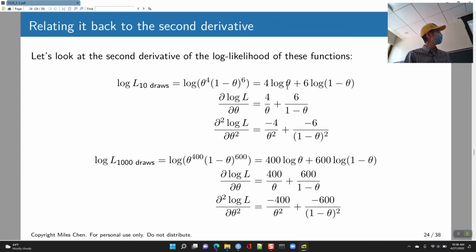So for 10 draws, our likelihood function is theta to the 4, 1 minus theta to the 6. The log of that is 4 log theta and this. And the derivative is this, and the second derivative is this.